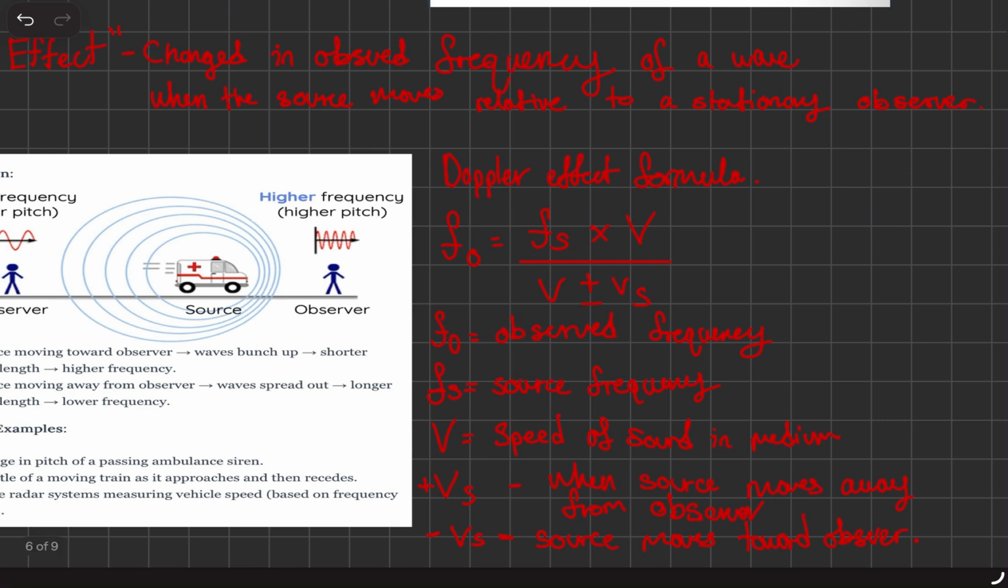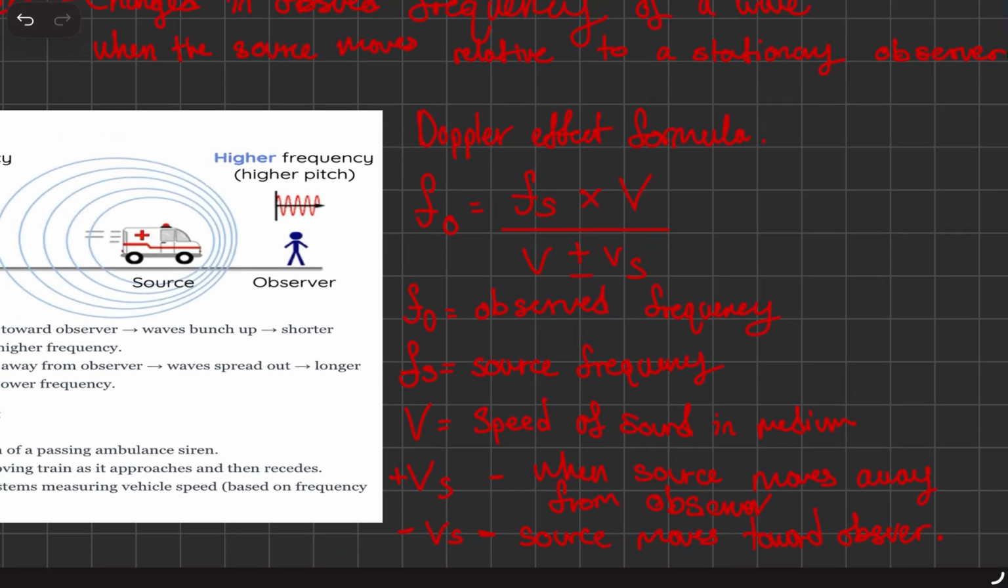But this is where it gets interesting. Depending on whether the source is moving towards you or away from you, you may have to use plus or minus. If the source is moving towards you, it's going to be minus. And if the source is moving away from you, it's going to be plus.